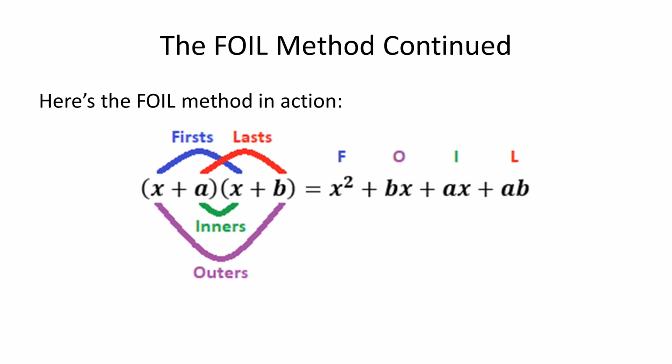Then we multiply the terms that represent I, which are a and x, to get ax. Then we multiply the terms that represent L, which are a and b, to get ab. And then we end up with x squared plus bx plus ax plus ab. And that's the result when you multiply those two binomials.